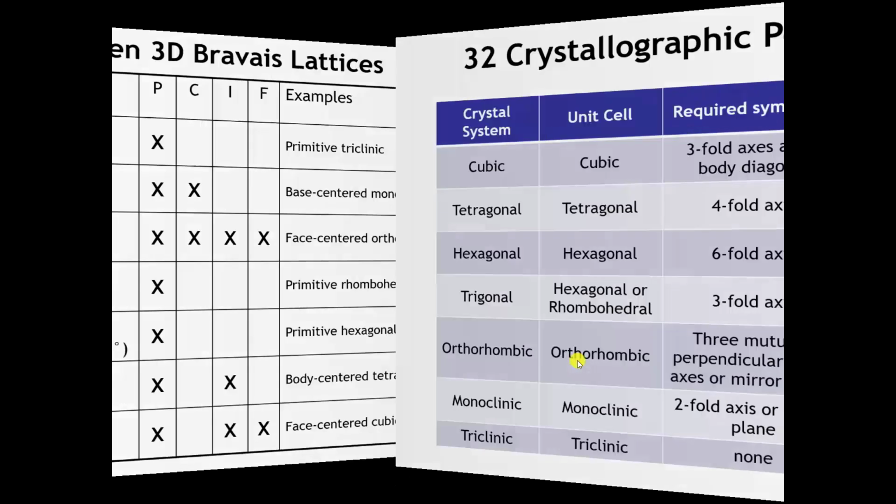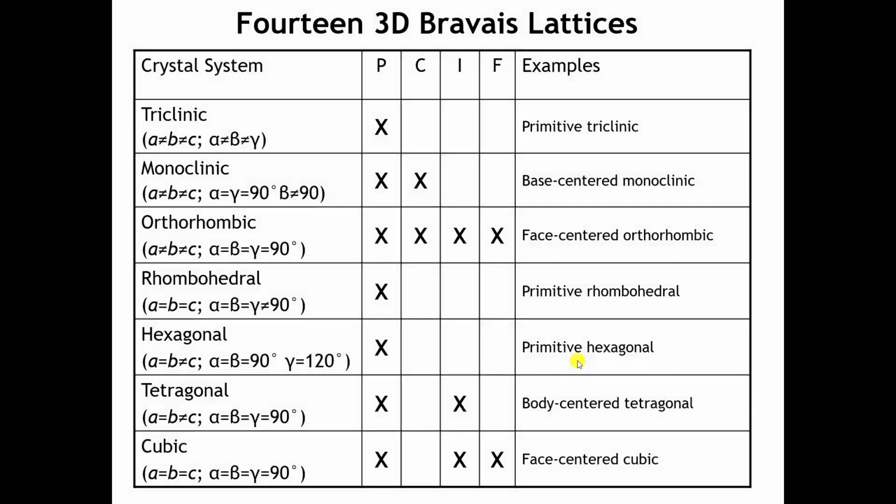And furthermore, in the other crystal systems, we don't have all 4 possibilities of lattice centering. So yes, in an orthorhombic crystal system, we can have all 4 kinds of lattice centering. But you can see in the other crystal systems, we have less than that. So obviously, this also does not tell us how we might get to 230 space groups.